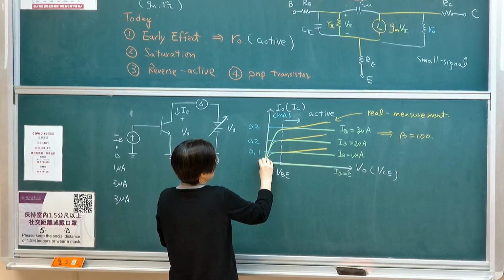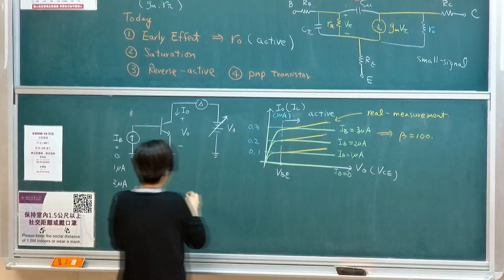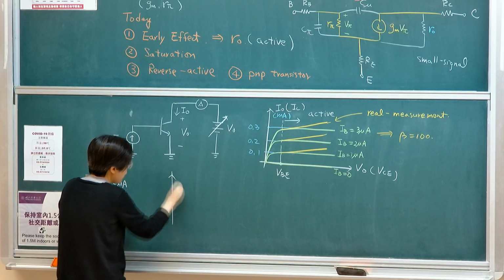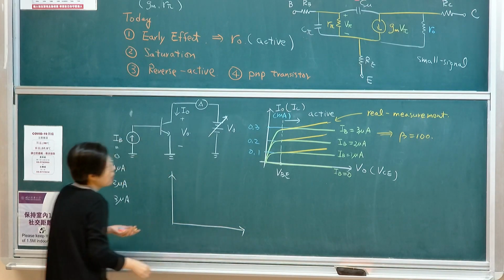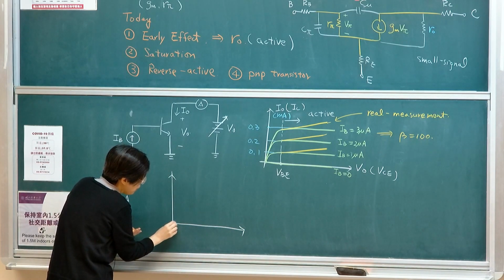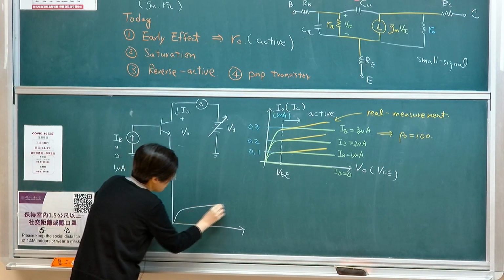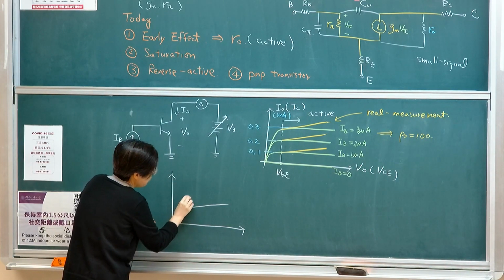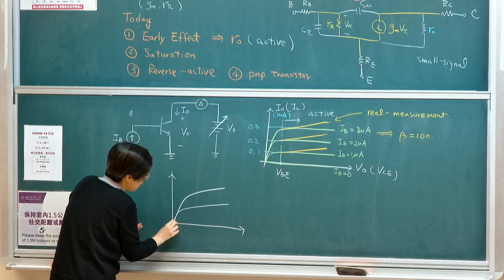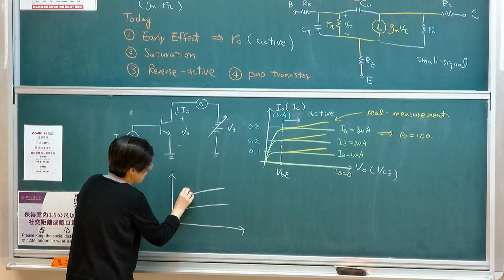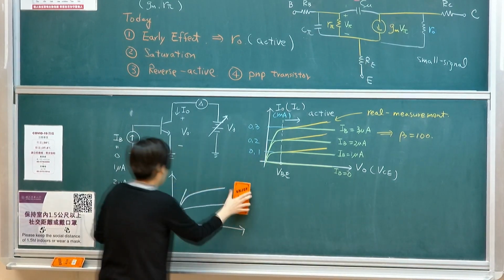So he then, let me redraw this again. So let's say if you're Early, and then you found the curve looks something like this, right? So the story is that this person found out that it's no longer flat. Let me redraw this.